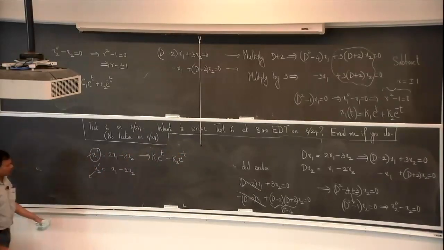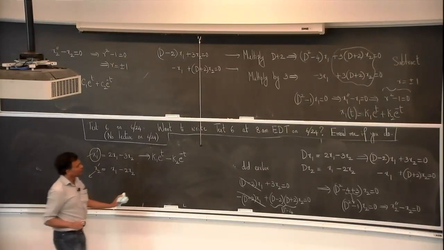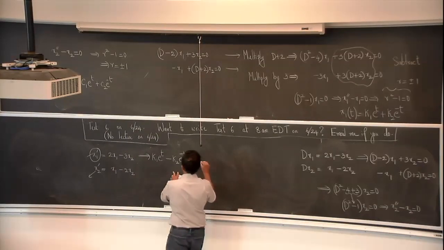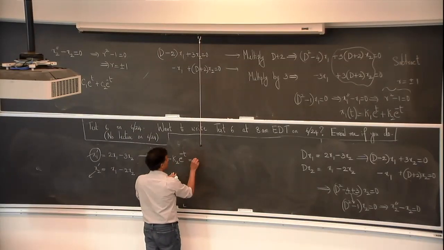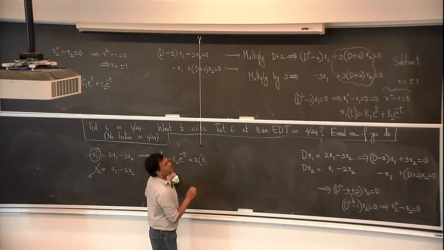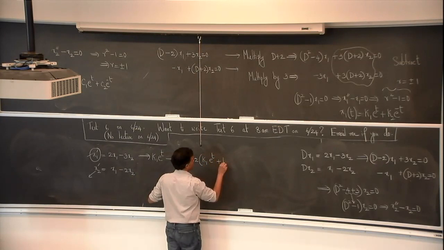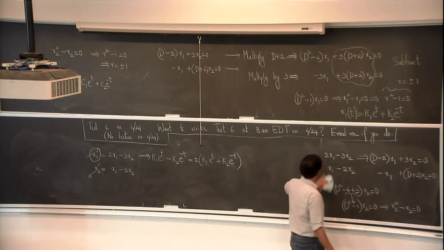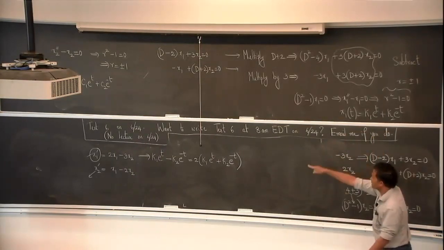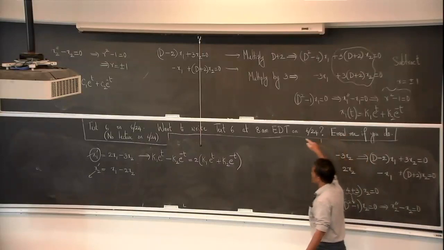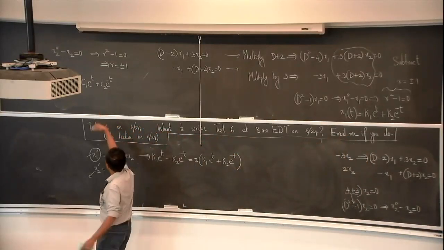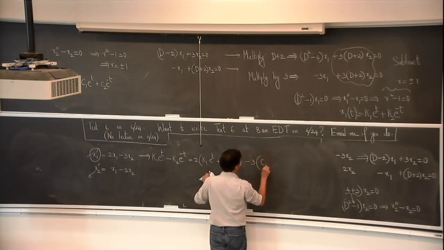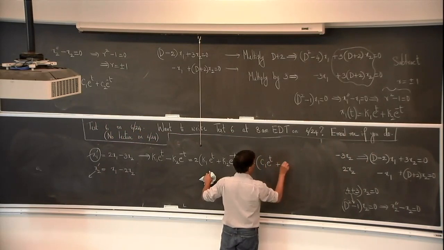That is my x1 prime, equal to 2x1, which is 2 times k1 e to the power of t plus k2 e to the power of negative t. That is x1 prime equal to 2x1 minus 3x2, and x2 is up there. Minus 3 times c1 e to the t plus c2 e to the power of negative t.